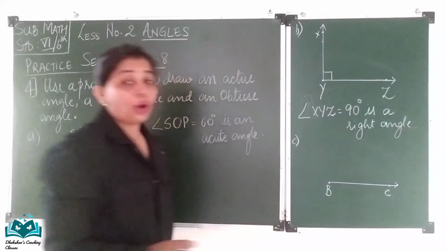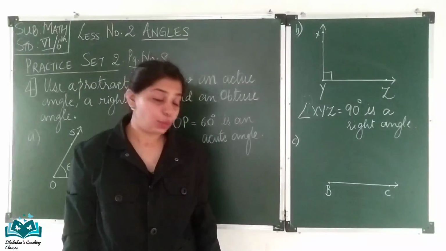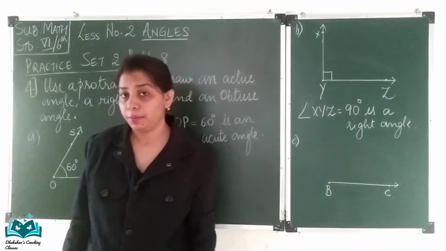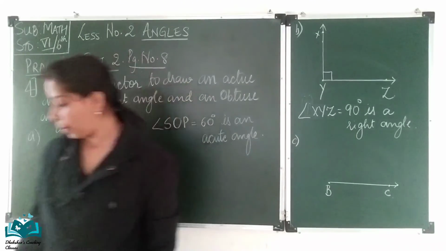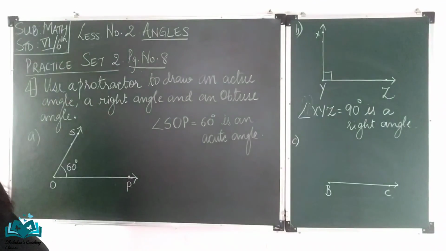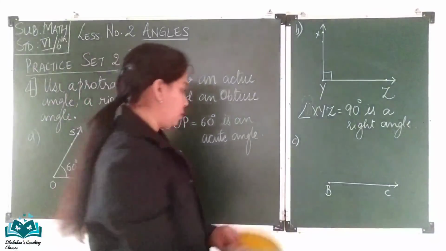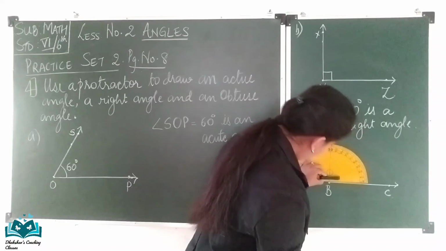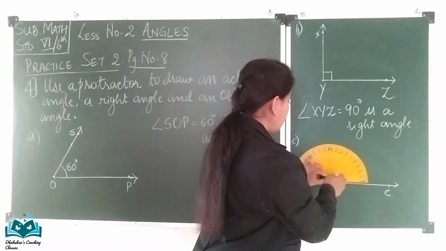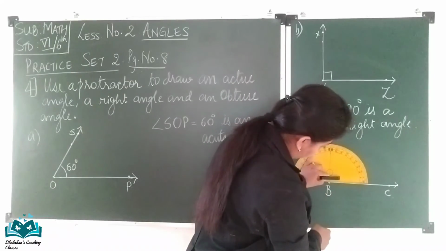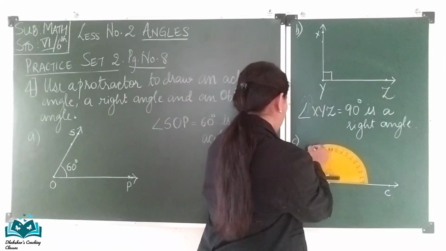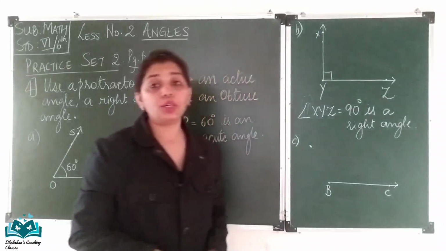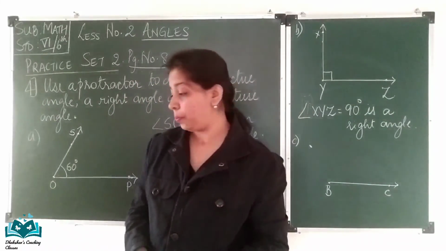BC. Obtuse angle, my dear student, measurement should be more than 90 degree. So, the same process we follow. Keep it on point B. More than 90 means towards the left hand side. So, I take it and mark it at 120 degree.